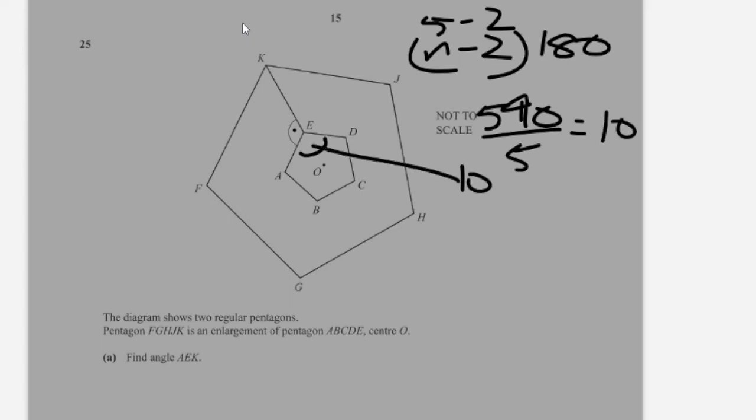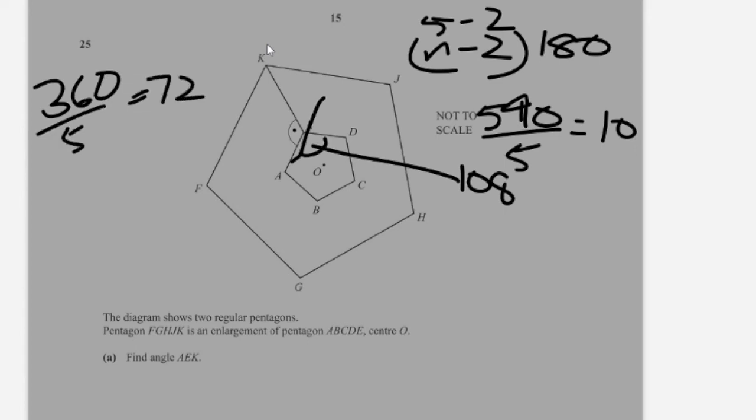So here we have it as 108. Now I need to figure out the exterior angle of a pentagon, which can also be calculated by 360 divided by the number of sides of a polygon, which is 5 in our case, and that is 72 degrees. So this angle over here is 72 degrees.